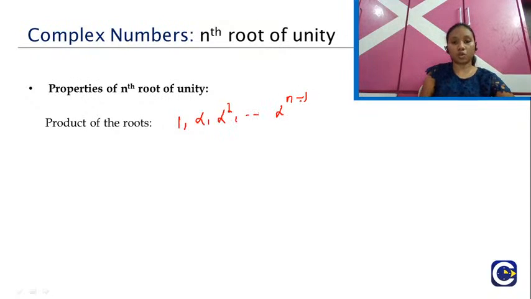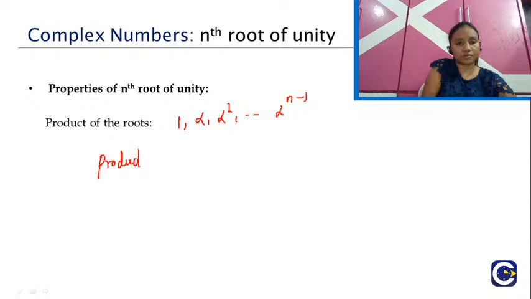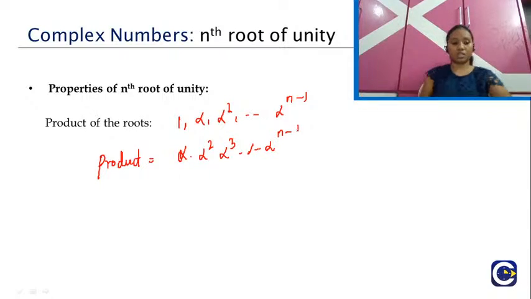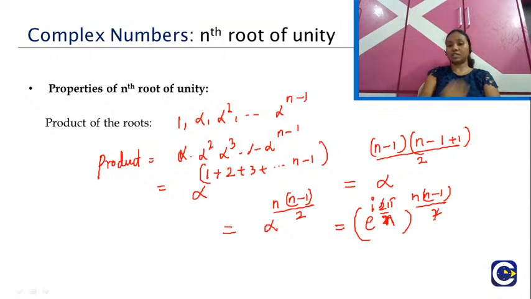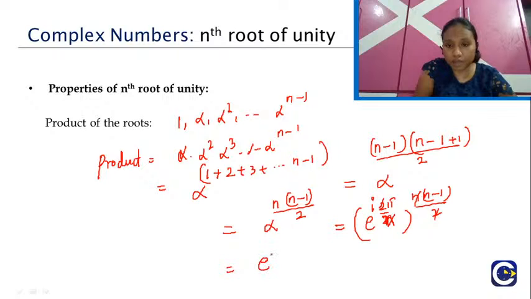Here we are going to take the product of these, which means this will be equal to 1 times alpha, alpha square, alpha cube, until alpha power n minus 1. And I am going to have this to be e power i into pi into n minus 1.